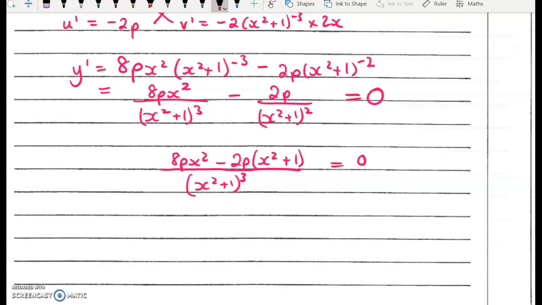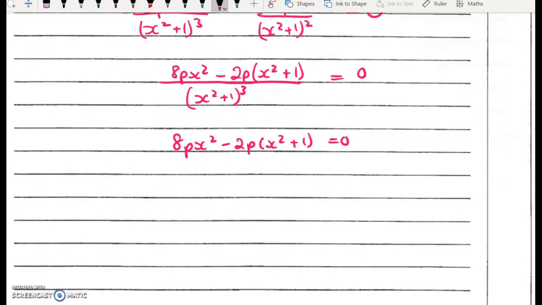So that's equal to 0. Now, of course, if we bring that up and cross multiply, we will just be left with the top line is equal to 0, like so. Which means that we can factor out a 2p. Like this. So we get 3x squared minus 1 is 0.